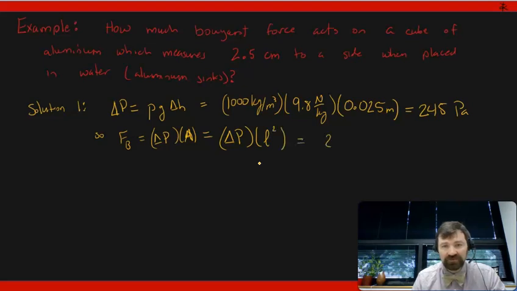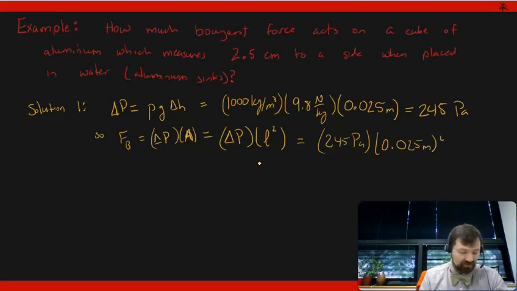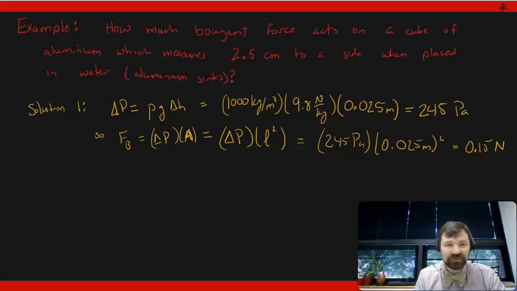And so you'd have 245 pascals times the length, which again is 0.025 meters, and you're squaring that. So what you end up getting when you multiply all that together is a total buoyant force of 0.153 newtons. So we'll round that to 0.15 newtons.